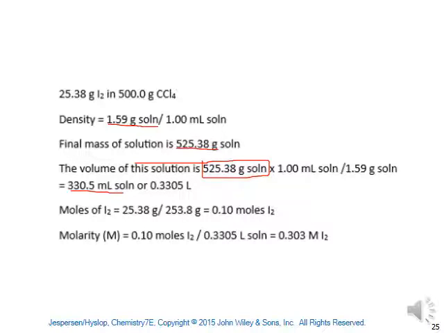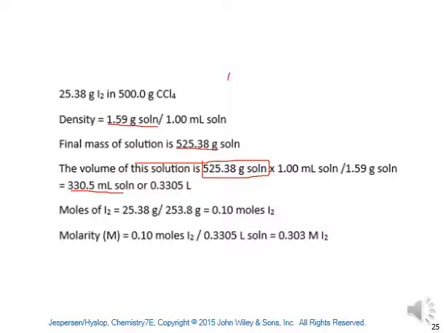I mean, you could do this different ways. You could set it up as a ratio. You could say 1.59 grams solution per 1 mL has to equal 525.38 grams solution equals X mL of solution. And then you could come up with this.